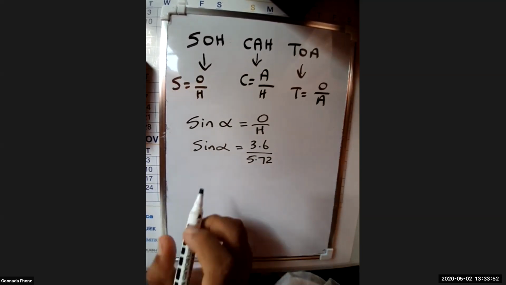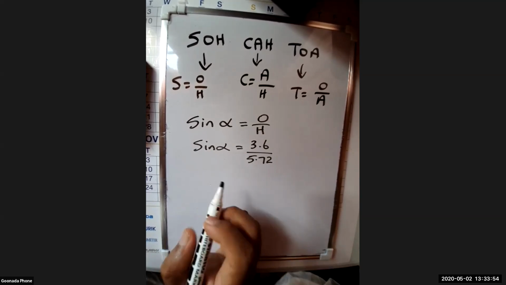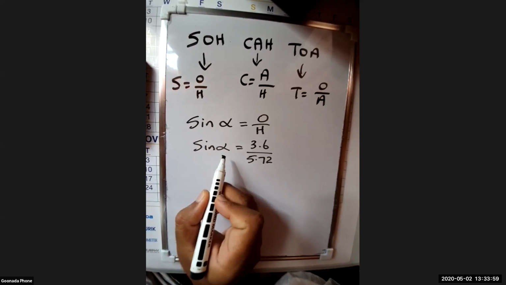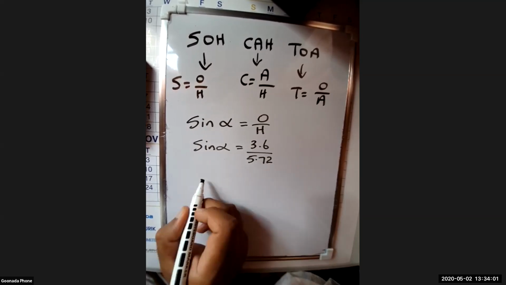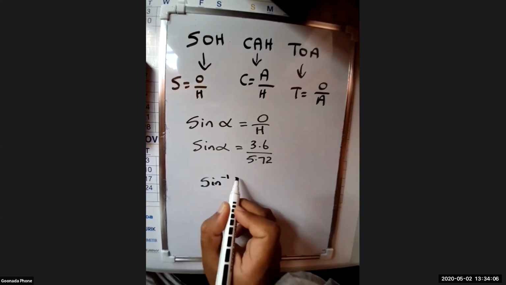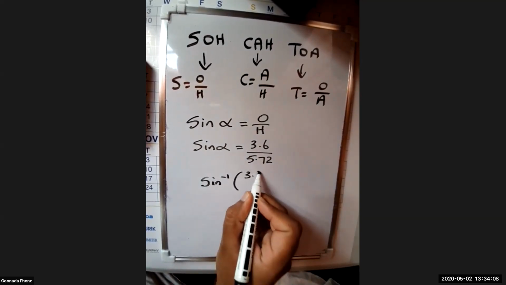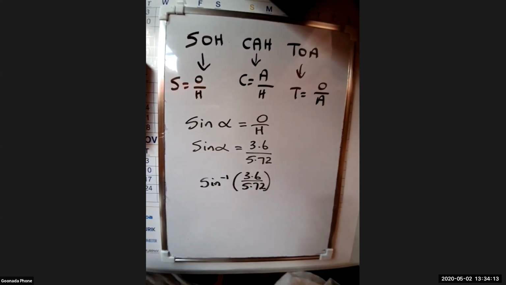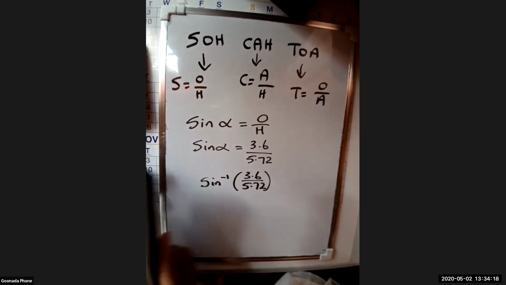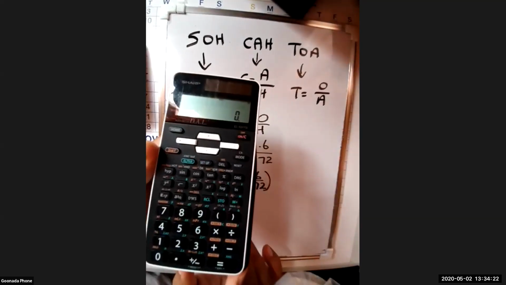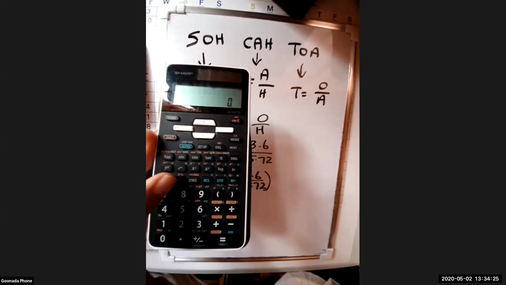Anybody? Okay, let me give you all a hint here. Whenever you have to find the angle, it's always the inverse. So sine inverse of 3.6 over 5.72. Okay? So let us see how we're doing that now. We want sine inverse, but as you can see, it's sine here.